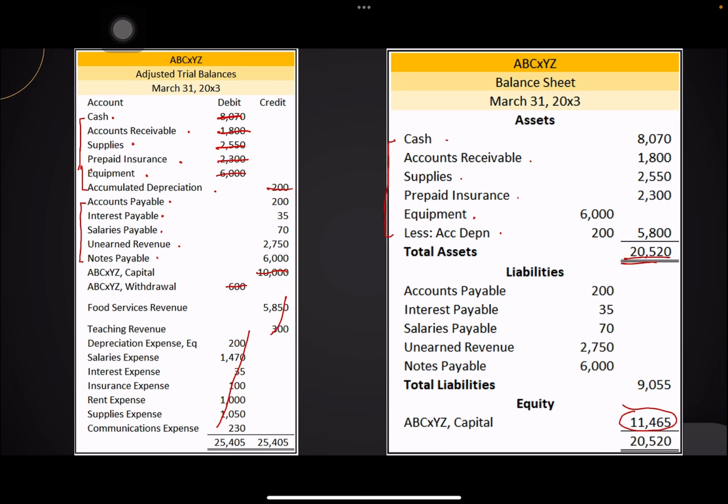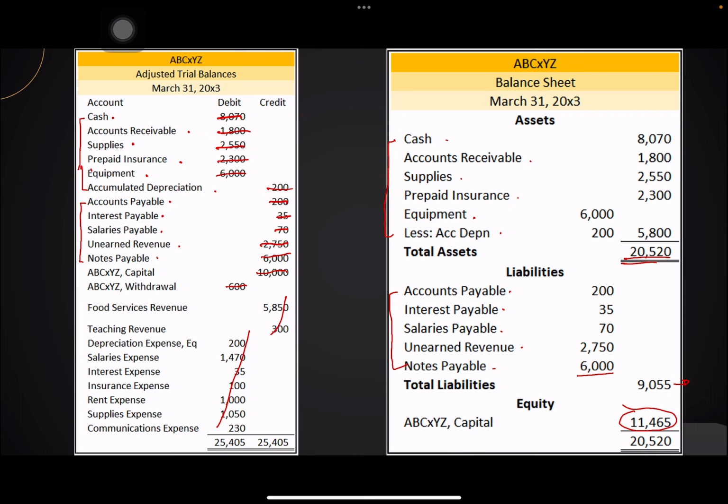Again, trace them in your balance sheet. You have here 5 liability accounts, all with the same amounts. 200 for accounts payable, 35 for interest payable, 70 for salaries payable, 2,750 for unearned revenue, and $6,000 for notes payable. Get the total of your liabilities. It will amount to 9,055.